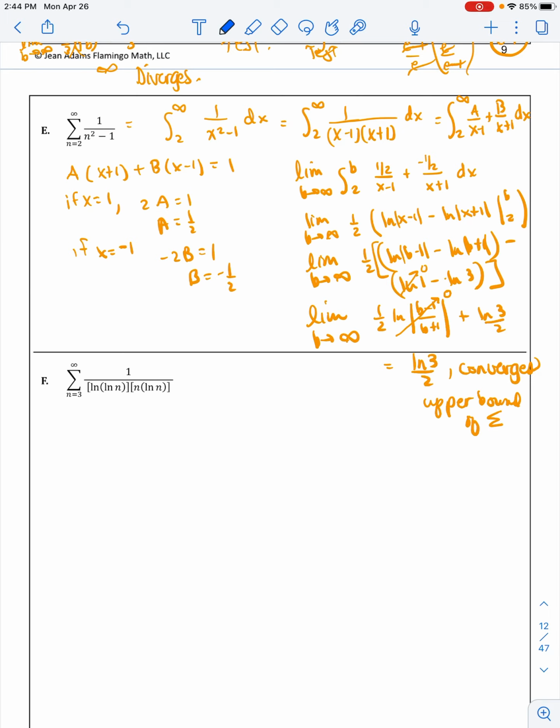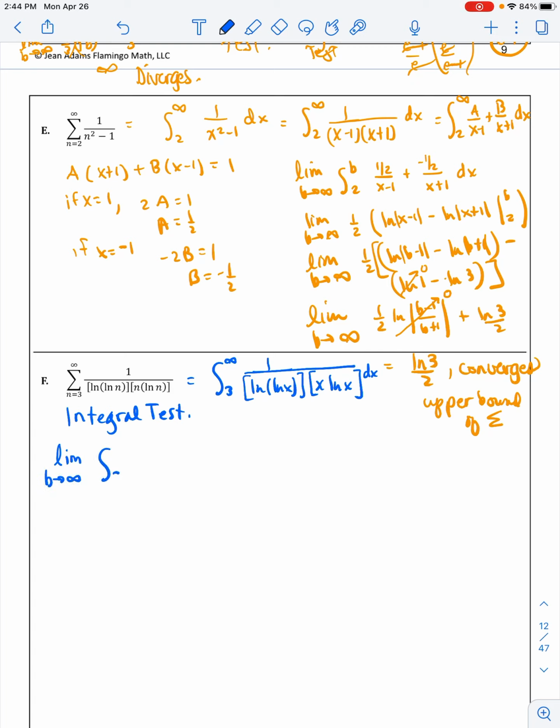Okay, so I'm going to change my color for the last one. And for this one, I'm going to use the integral test. So I'm going to say consider the integral from 3 to infinity of 1 over ln of ln x times x ln x dx.